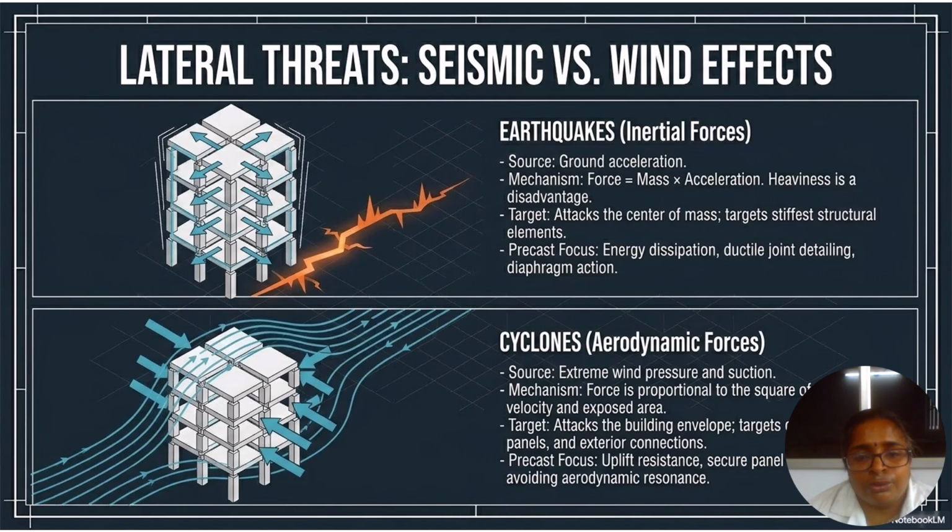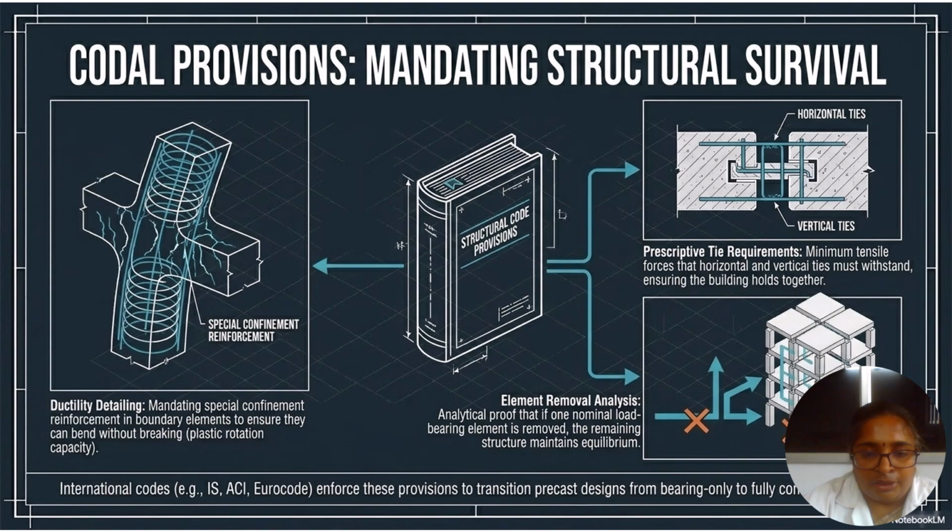Precast focuses on energy dissipation, ductile joint detailing, and diaphragm action. In the case of cyclones, the forces are aerodynamic, and the source is extreme wind pressure and suction. The force is proportional to the square of the velocity and the exposed area. It attacks the building envelope, targeting wall panels and exterior connections. The precast focus is uplift resistance, secure panel connections, and avoiding aerodynamic resonance.